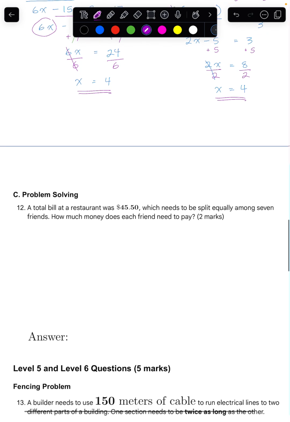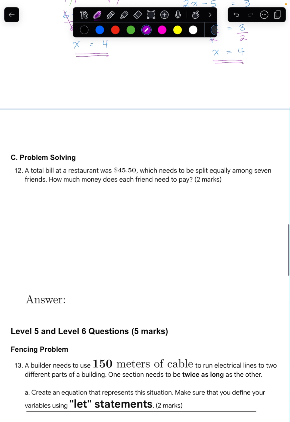Next, we have a bit of a word problem. Number 12, it says, a total bill at a restaurant was $45.50, which needs to be split equally among 7 friends. How much money does each friend need to pay? Well, we would just divide that value by 7.